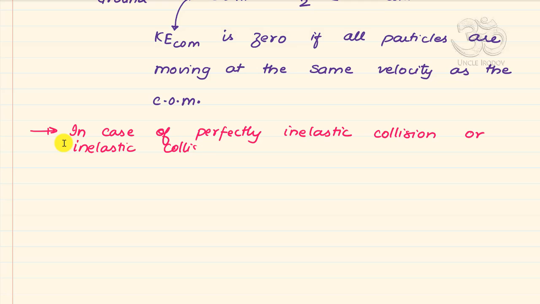You know that in both these cases, because there is some residual deformation, there should be some kind of energy loss in deforming the substance permanently. Some energy would have been lost in breaking the intermolecular bonds and changing the intermolecular structure of the substance itself. So the final KE will be less than the initial KE. So in case of perfectly inelastic collision or inelastic collision, KE final is going to be less than KE initial. So that's one conclusion that we can draw.